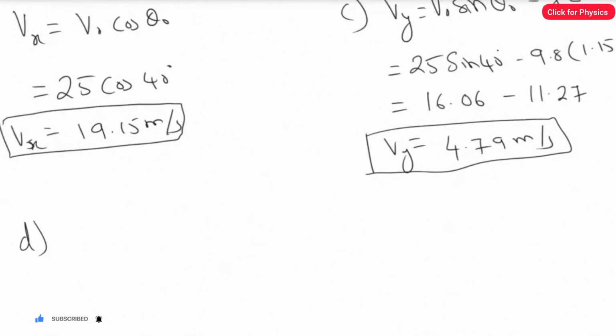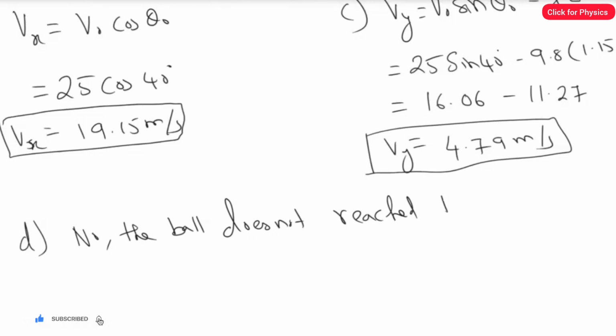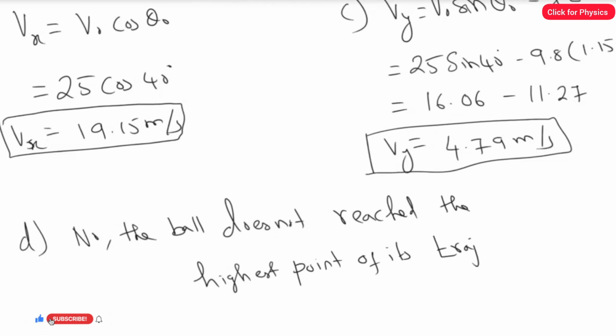So what should you write for part D? We have to answer no, the ball does not reach the highest point of its trajectory.